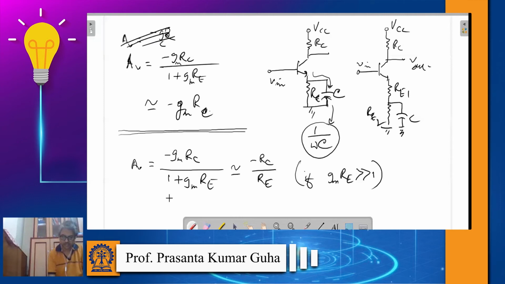Our gain formula is this, right? Minus GMRC over 1 plus GMRE. So we can simplify it as minus RC by RE if GMRE is much greater than 1. What this tells us is if we choose RE properly, then the gain will be independent of transconductance of the transistor. Okay, gain will simply be RC over RE with a negative sign.